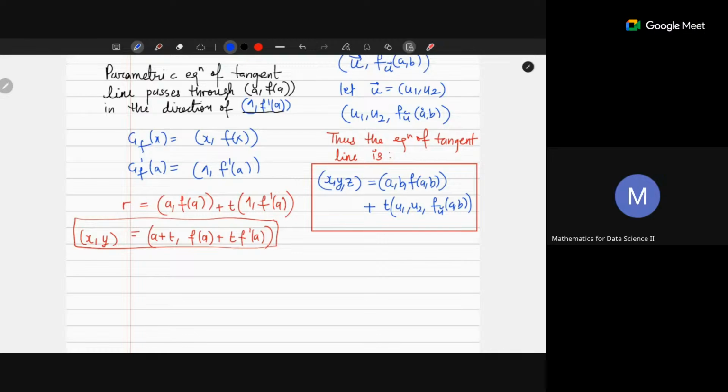If you compare coordinate-wise, you will get (x minus a) by u1 is equal to (y minus b) by u2, which is equal to (z minus f(a, b)) by f_u at (a, b). By equating t, you will get this expression as well.